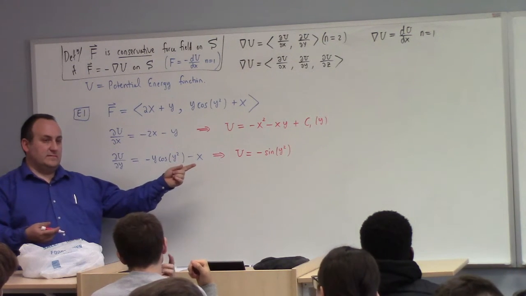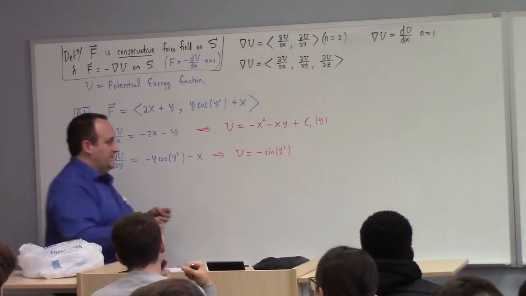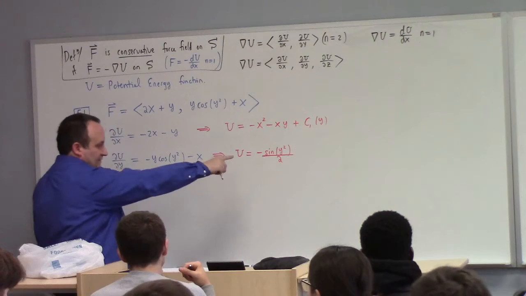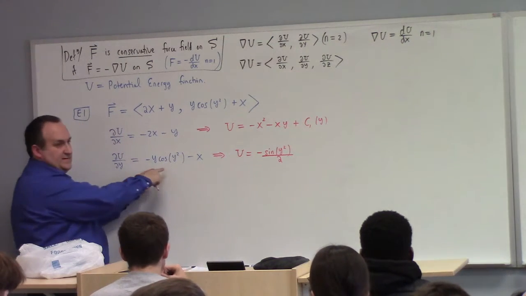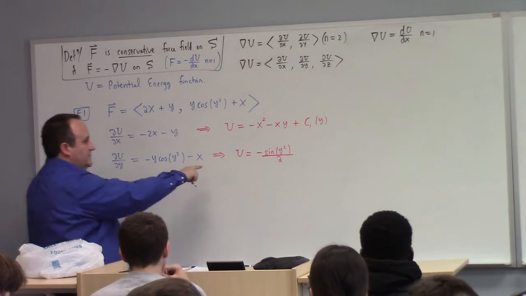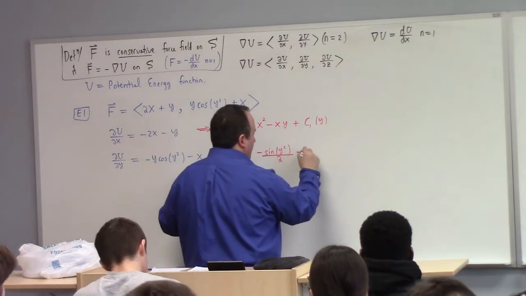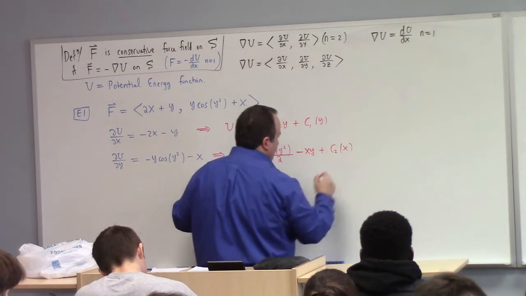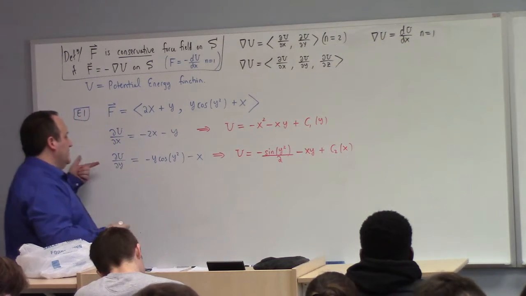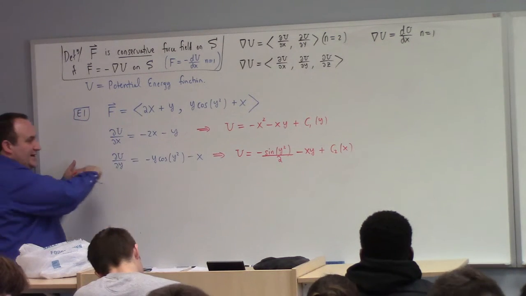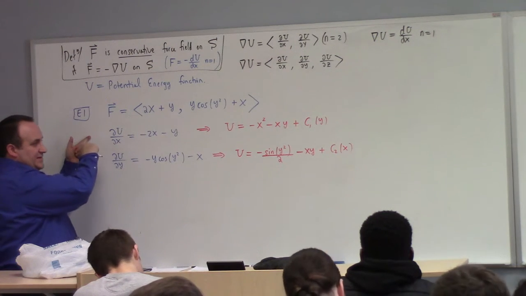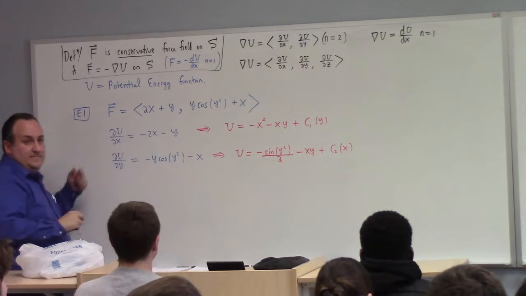So I should divide by 2. If I divide by 2 and differentiate with respect to y, I'll get this, right? But also minus xy plus c2, which is possibly a function of x. So I'm integrating with respect to y, holding x fixed in the second line, and integrating with respect to x, holding y fixed in the first line.